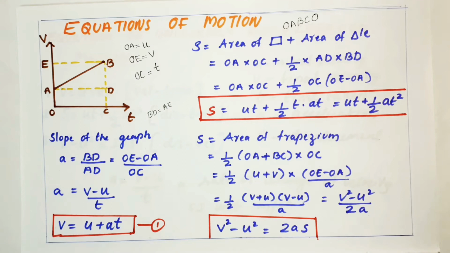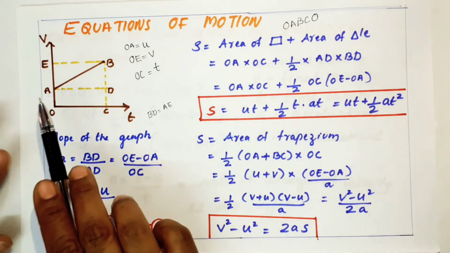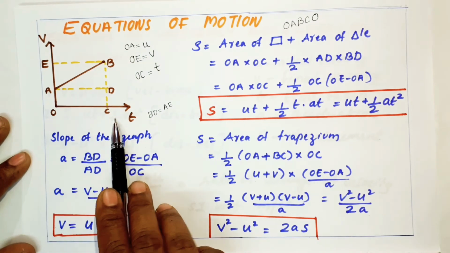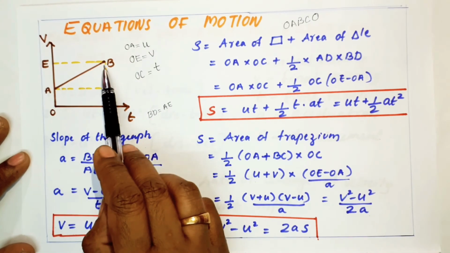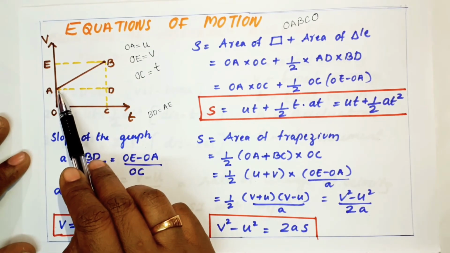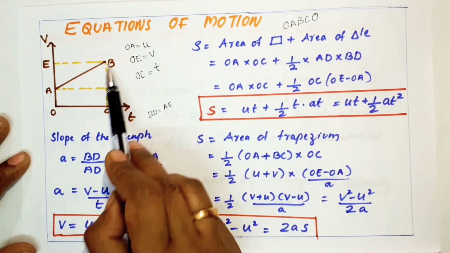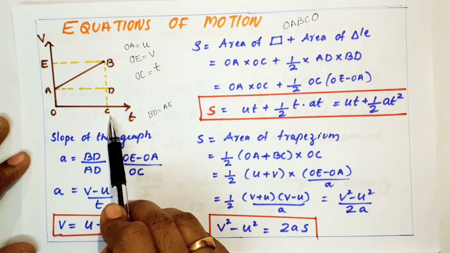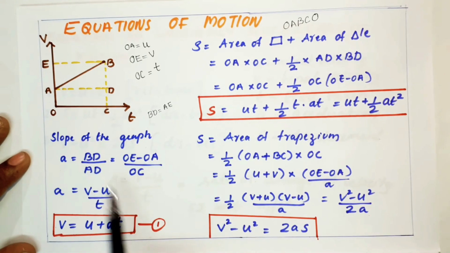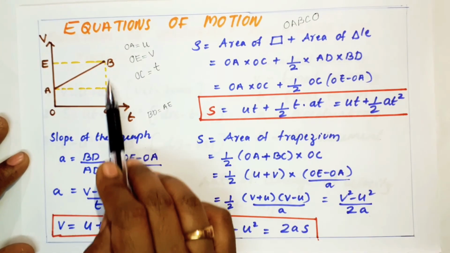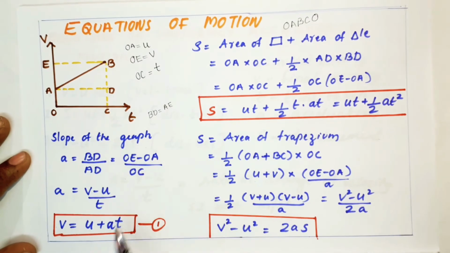So I'll tell again how to explain the equations of motion. You have to draw a velocity time graph. A body moves from A to B. O to A is the initial velocity, O to E is the final velocity, and O to C is the time taken. In the first part I calculated the slope, y-axis by x-axis.